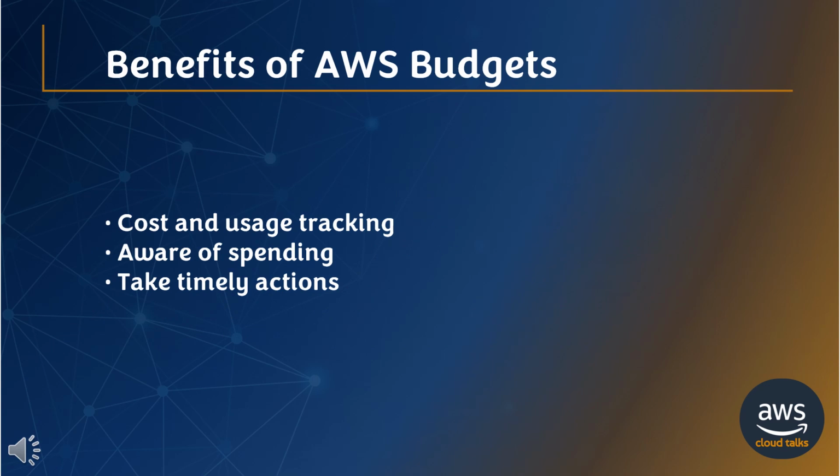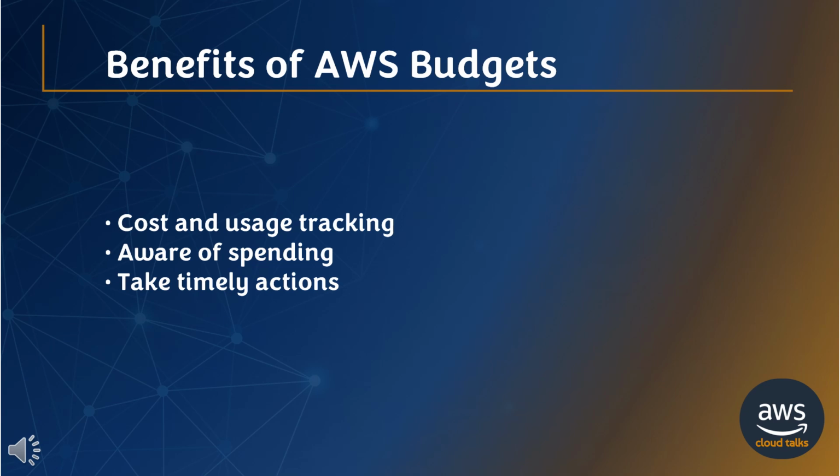Let's talk about the benefits of AWS Budgets. AWS Budgets offers the following benefits for an organization: cost and usage tracking, awareness of spending, and taking timely actions. Let's elaborate on each of these benefits.